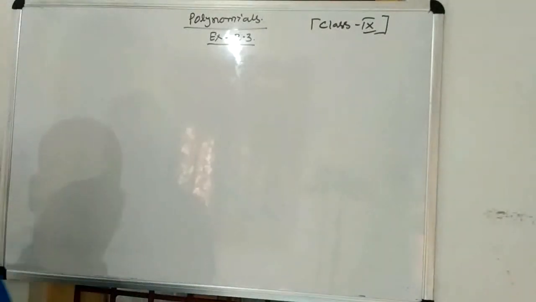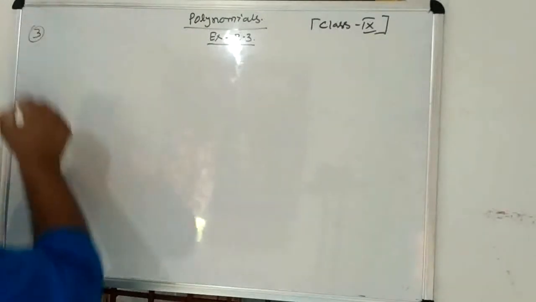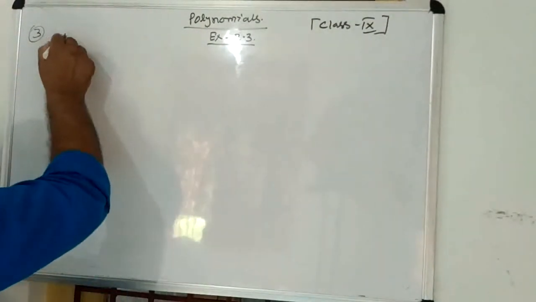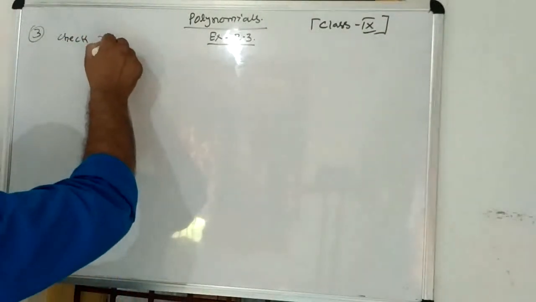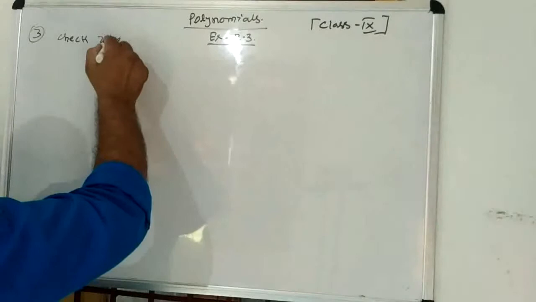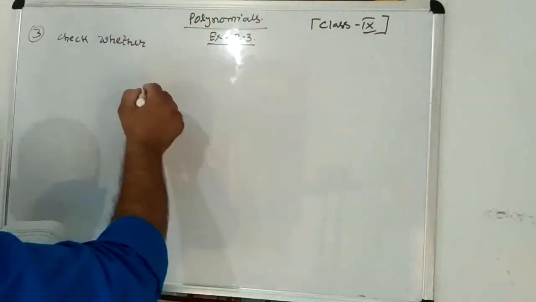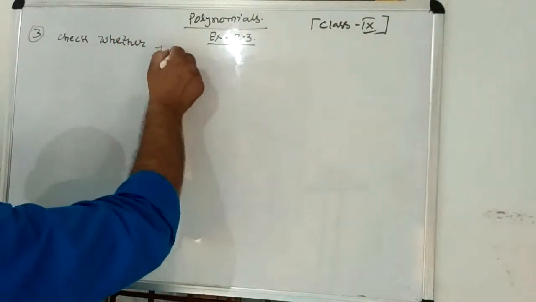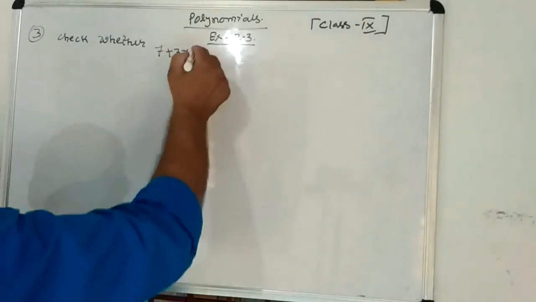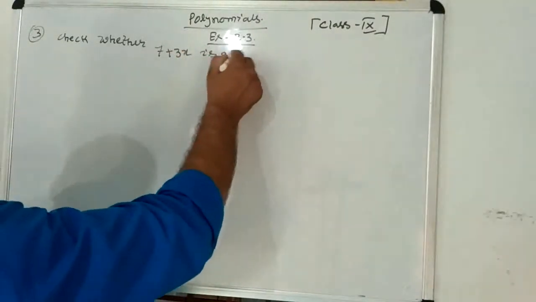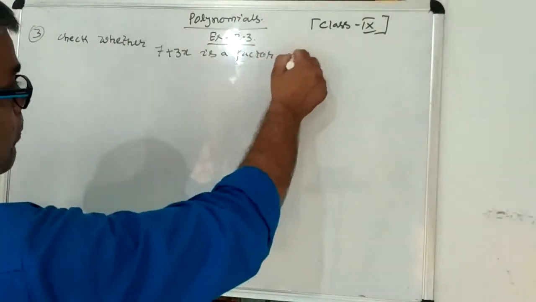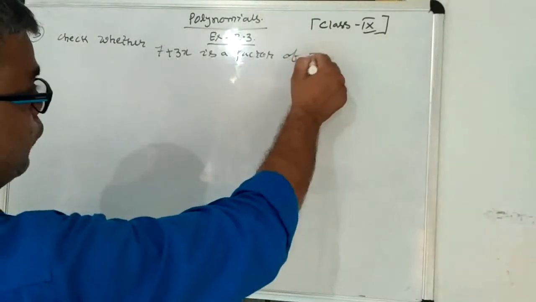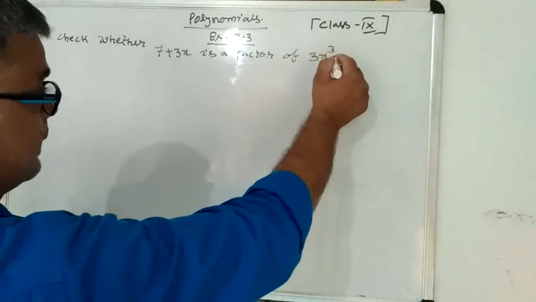The question number 3 is saying that check whether 7 plus 3x is a factor of 3x cube plus 7x.